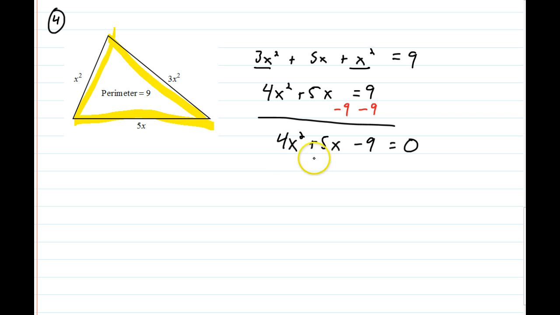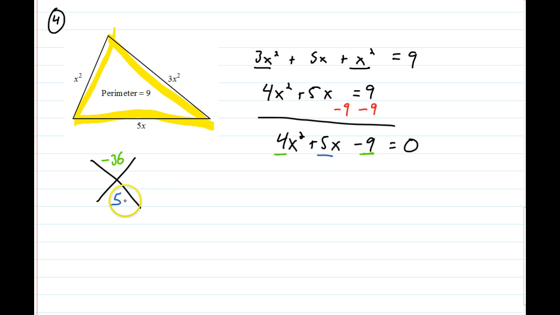And so now what we do is now we draw our x, and we take our first term and our last term and multiply it together and get negative 36. Now we take our middle term, the 5, and put it on the bottom.